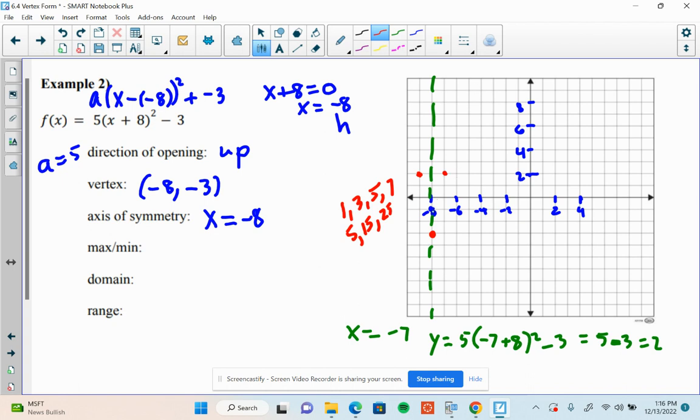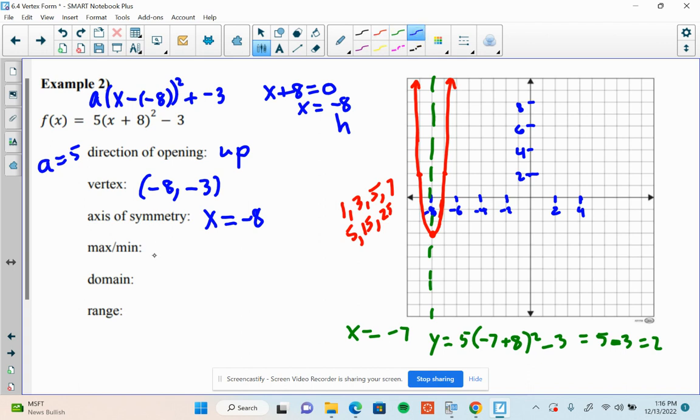So I'm just going to draw the graph through those points that I have and make it steep on the sides because that a value of 5 makes it very steep. I seem to be skipping a little bit with my pen. And there's our parabola.